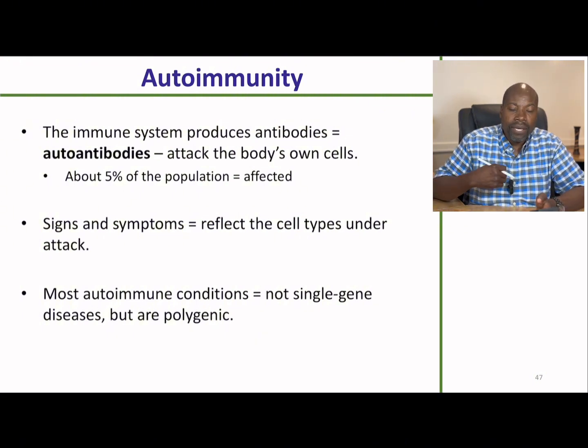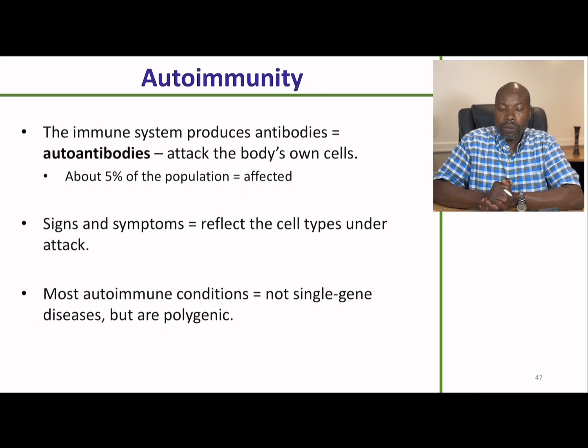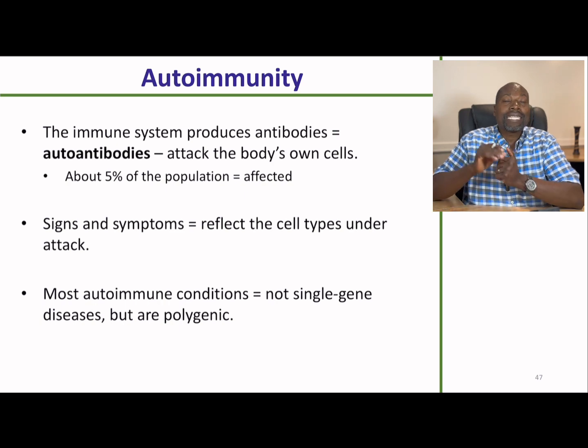Because our kidneys are being attacked by our own antibodies, right? So typically, this is not going to be caused by one single gene mutation. Most of the time it's going to be multiple genes, but it can also be acquired, right?